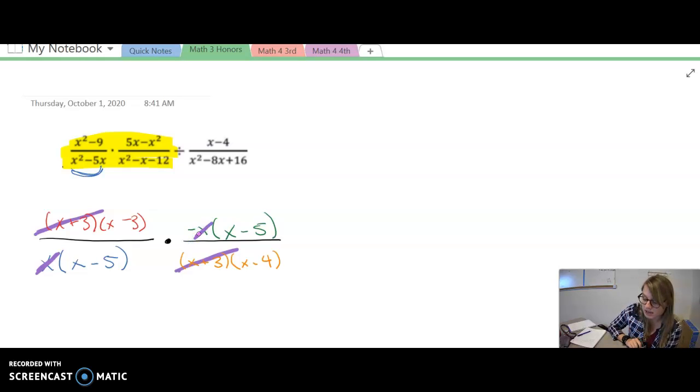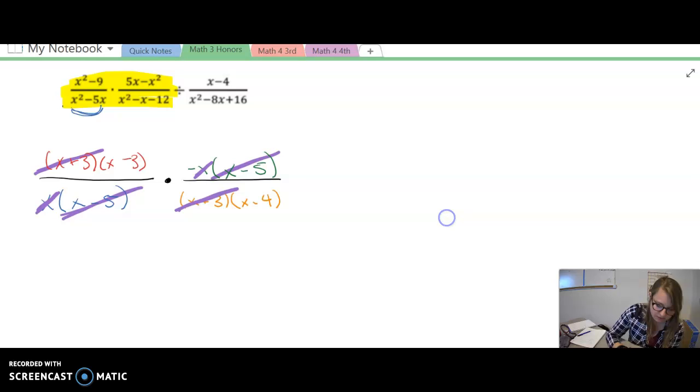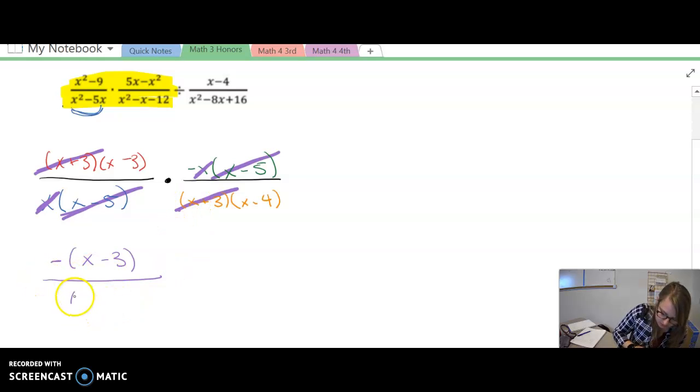And remember, I'm not canceling that negative. I'm just canceling the x. And then x minus 5, well, those cancel as well. And then nothing else cancels. So now I'm left with x minus 3, and it's negative, all over x minus 4. That's all I'm left over with.